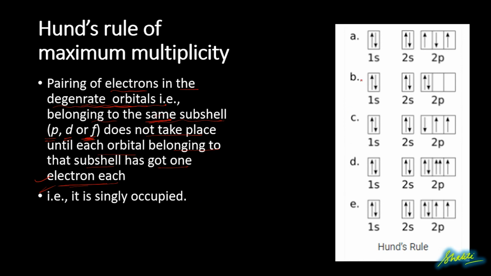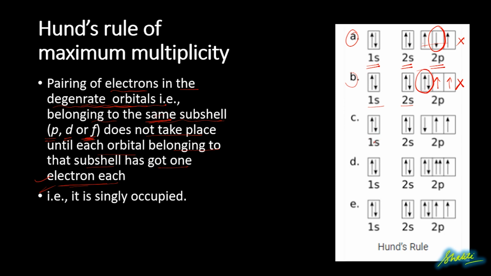So if we see example A, 1s is completely filled, 2s is completely filled. What about 2p? 2p is singly filled, but here we see opposite spin. First they should be filled with the same spin, so this is wrong. In case B, this is completely filled, this is completely filled, but in 2p we have to fill all the orbitals singly first and only then pair them, so it is also wrong.